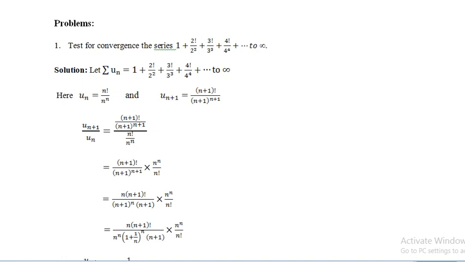In the denominator, for n plus 1 raised to n, we take n as the common term. If you take n outside the bracket, the power is n, so n raised to n, and inside the bracket the term becomes 1 plus 1 by n, raised to n. Keep the second term as it is, n plus 1 into n raised to n and n factorial.